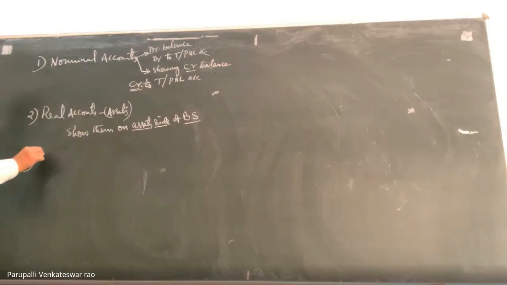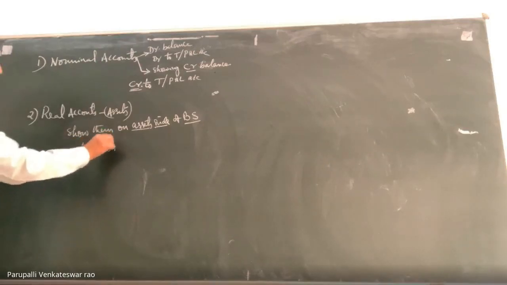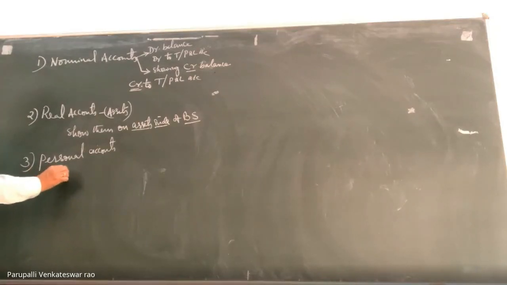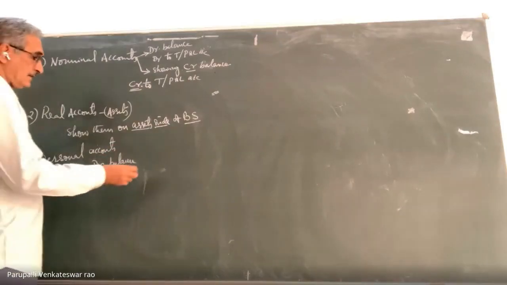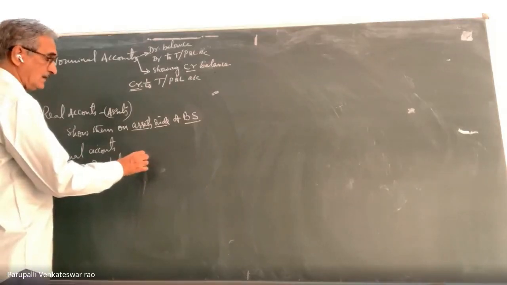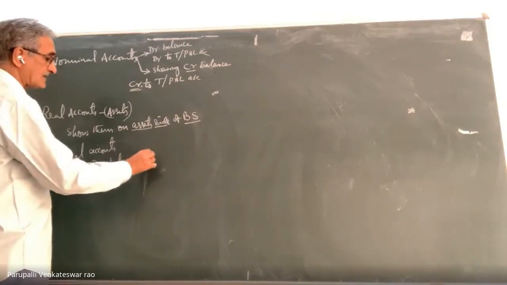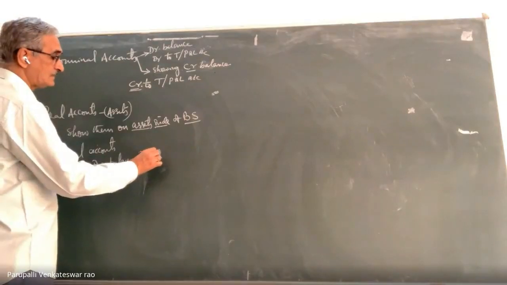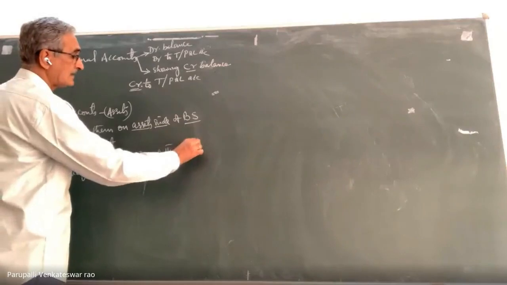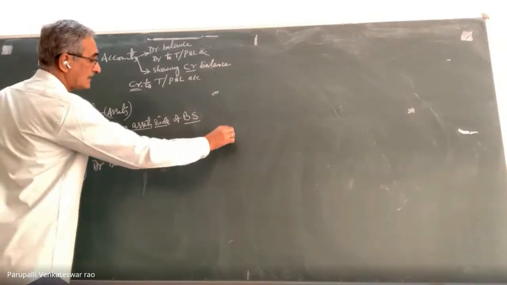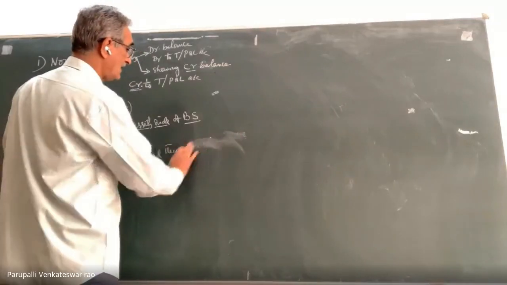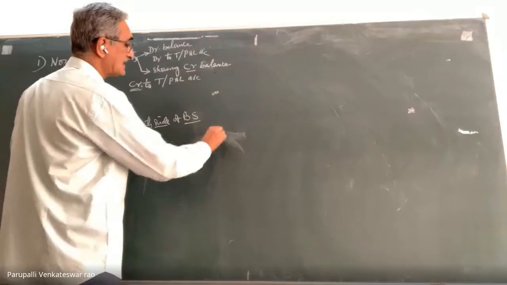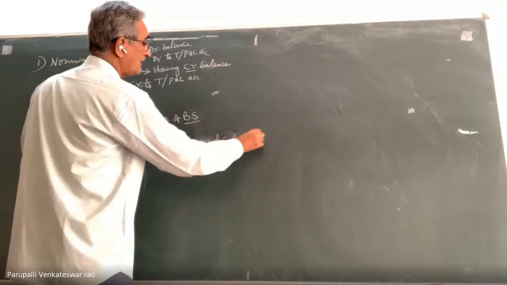Next one, third one, personal accounts. Personal accounts showing debit balance, record them as assets on the asset side of the balance sheet.